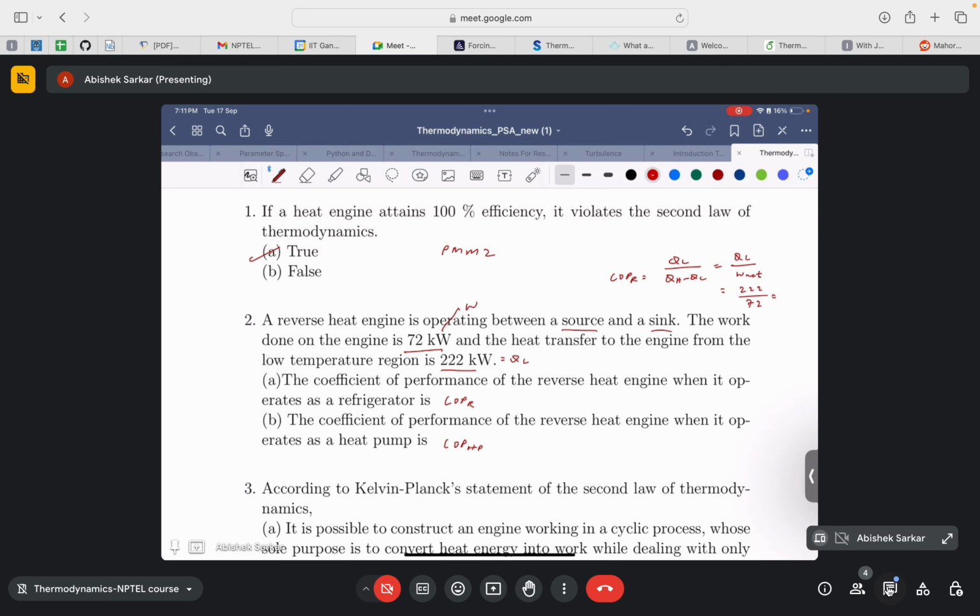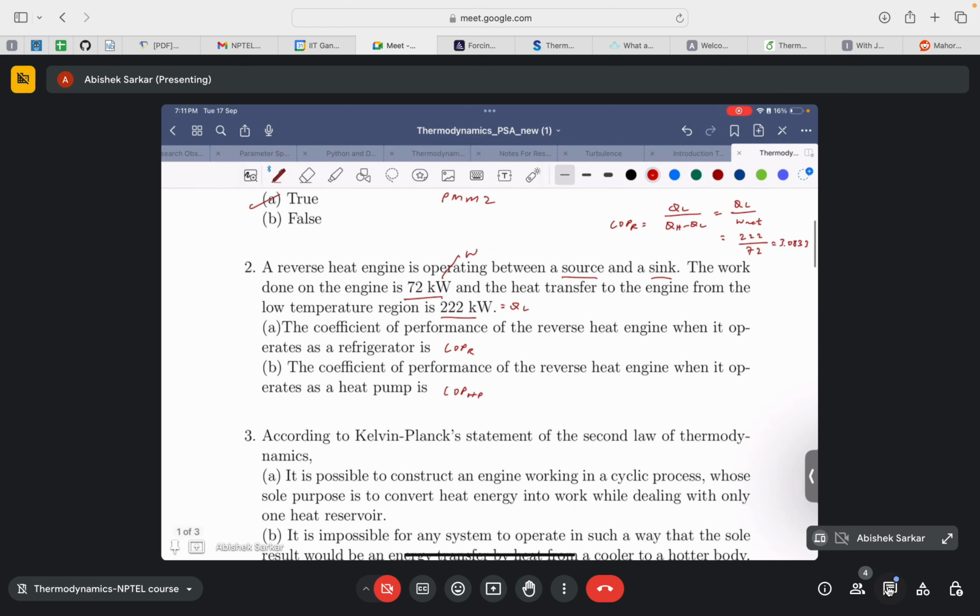So 222 divided by 72 will turn out to be 3.0833. I suggest that you keep the decimal points as well, because I guess in the assignments they ask up to 2 or 3 decimal places, so that needs to be kept in mind.